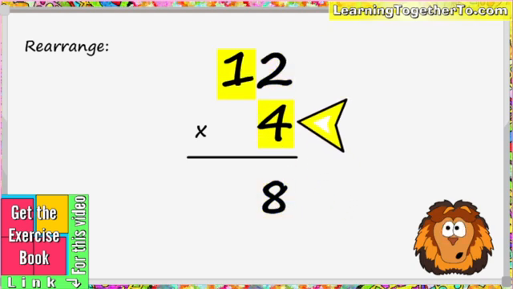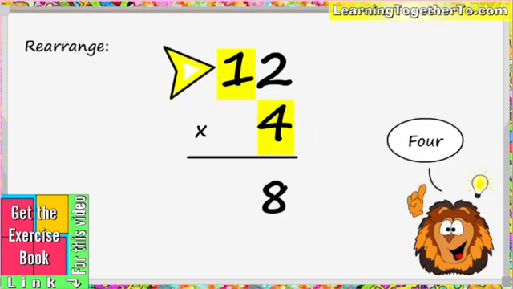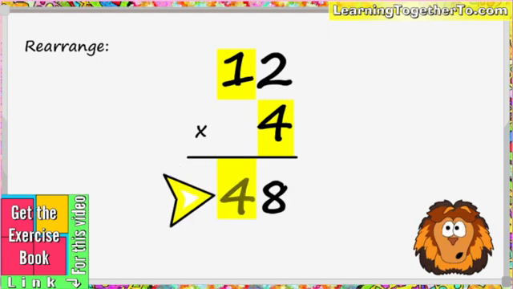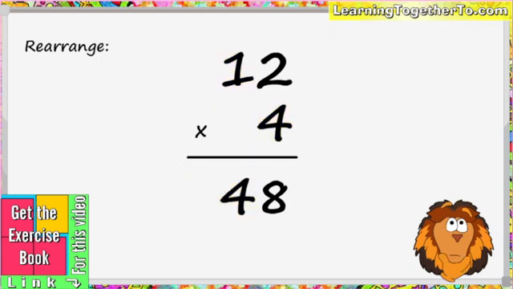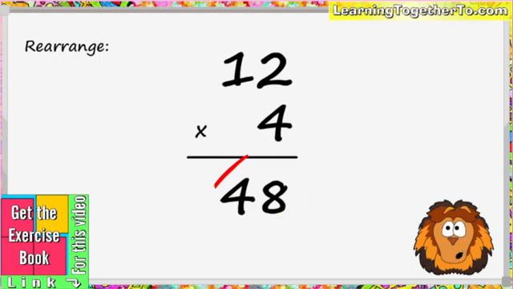Now we multiply 4 times 1, which is equal to 4. Well done, Eric. We write our result below the line in the same column as the 1. Our answer is 48. Excellent, Eric. Let's try it again.